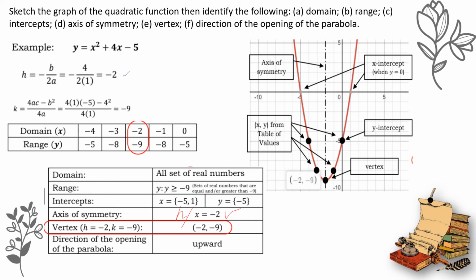Vertex, h is equal to negative 2 and k is equal to 3. Opening or direction of the opening of the parabola: open upward. Asan po makikita ang point niya? Turning point. Since yan ay open upward, yan po ay minimum point. Clear? O, madali lang. So, these are the different characteristics of a parabola.